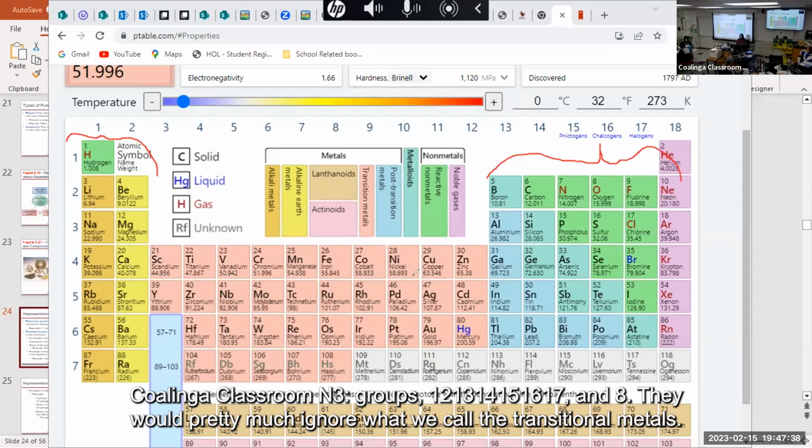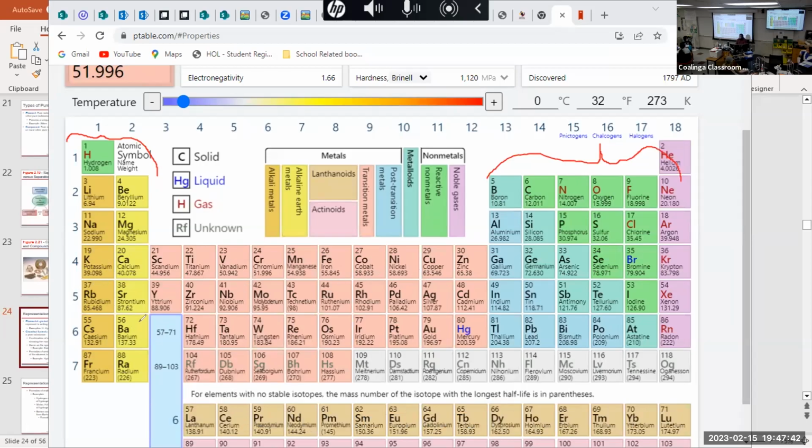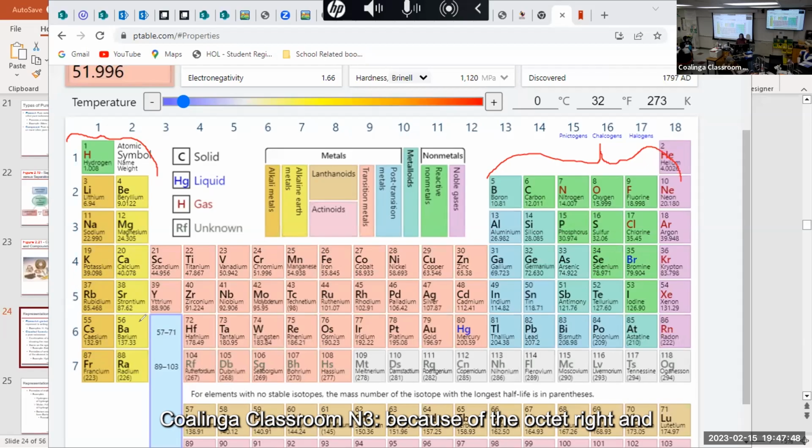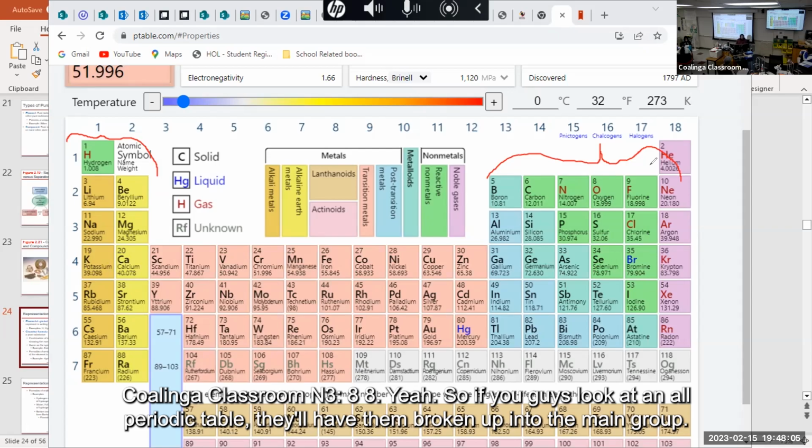They would pretty much ignore what we call the transitional metals, because those groups are easier to work with because of the octet rule. And the main group would be labeled 1A, 2A, 3A, 4A, 5A, 6A, 7A, 8A.